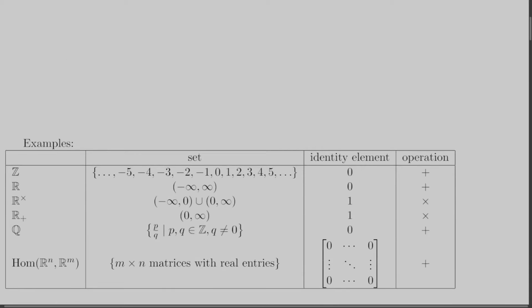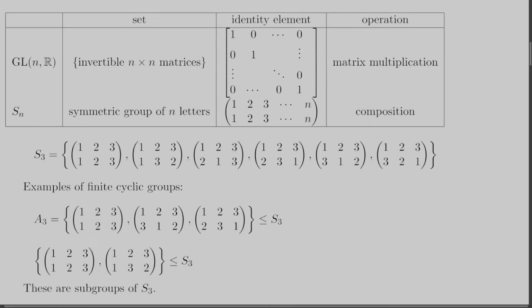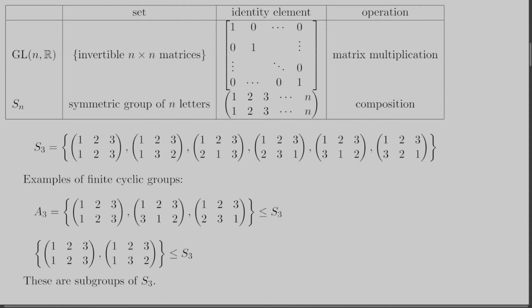Here are some examples. The set of integers forms a group under addition and is an example of an infinite cyclic group. Sn is the symmetric group of n letters.